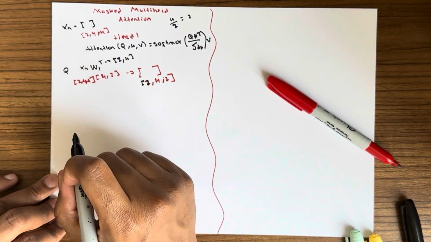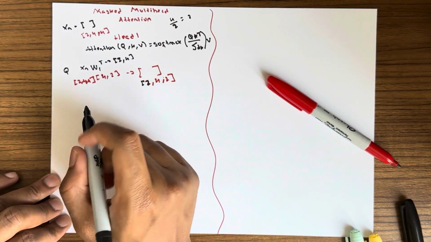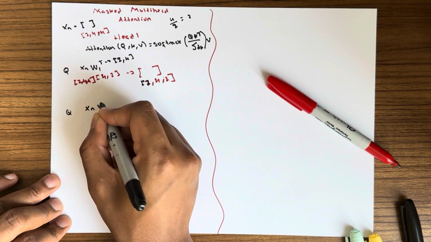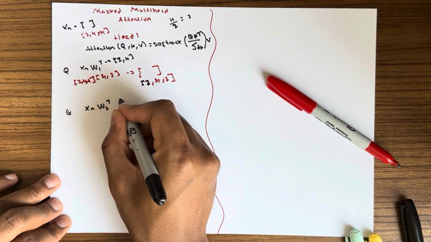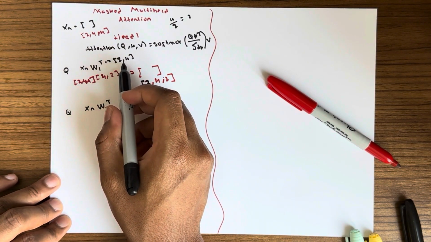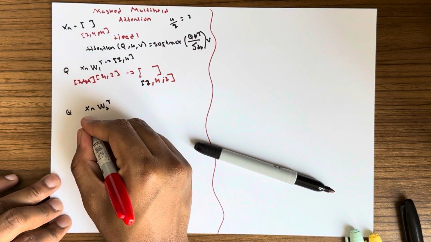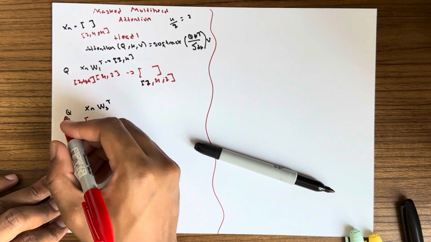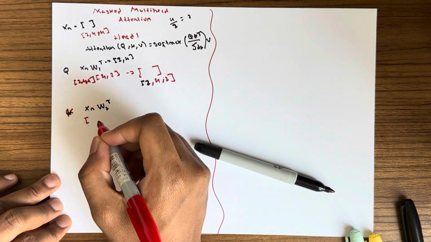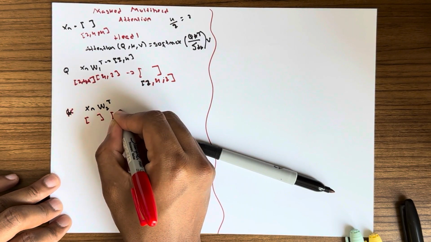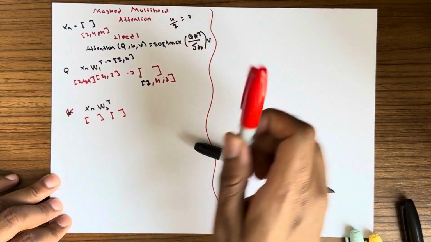We're going to do the same for key. We take xn multiplied by a separate w2 with the same dimension. Remember, these are all tensors.